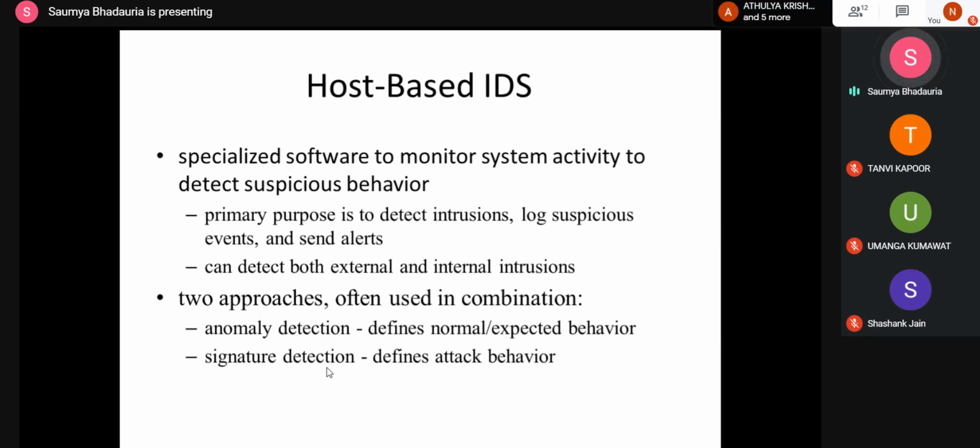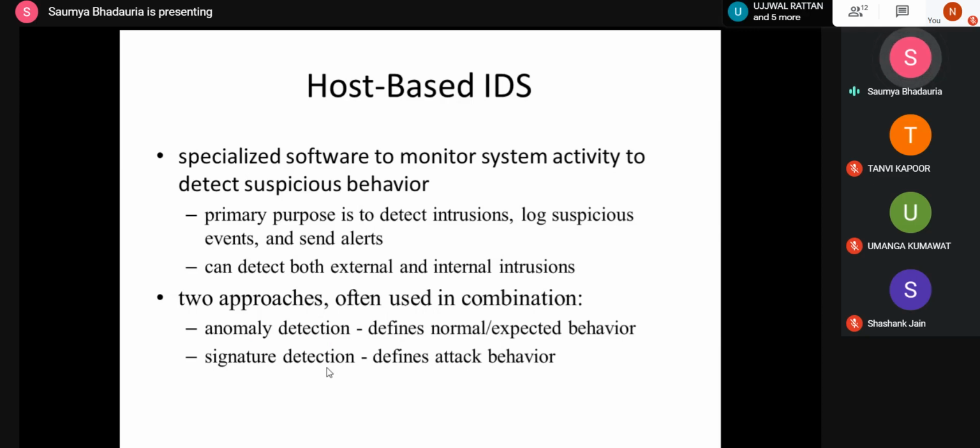So in signature or heuristic detection, the entire detection process uses a set of known malicious patterns, signatures, or certain rules, which are compared with the behavior currently happening on the system to decide whether it is that of an intruder or not.